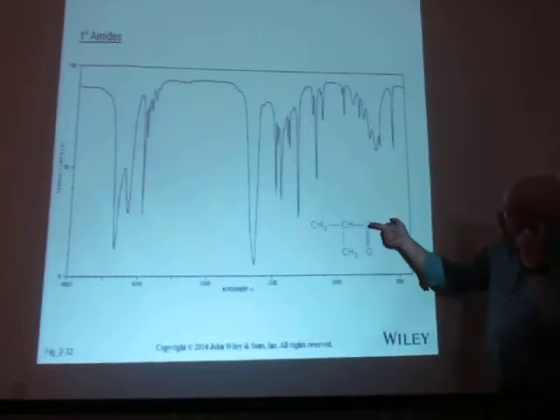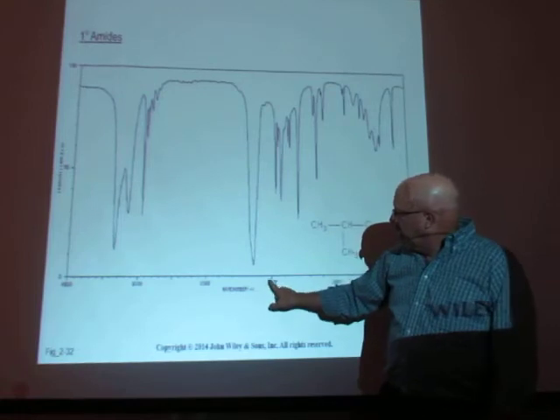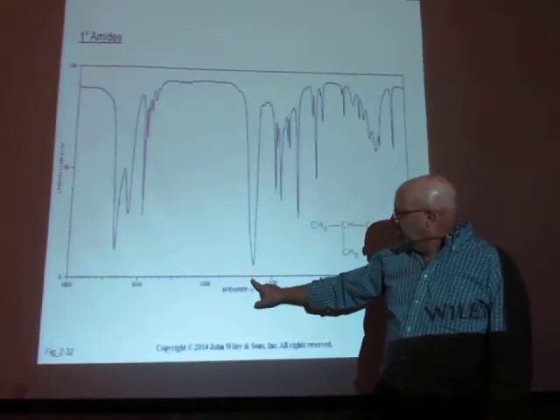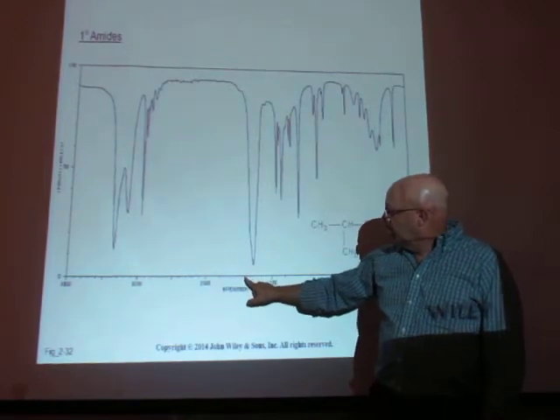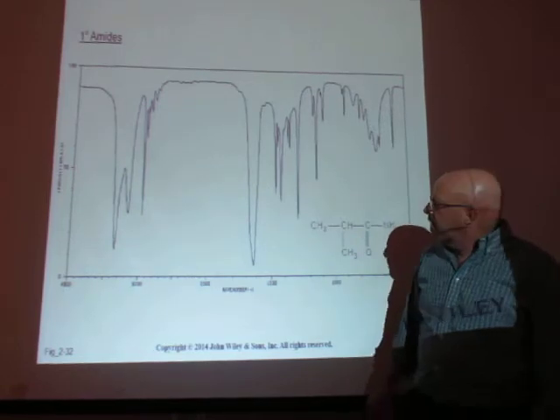First one I have is a primary amide. So we do have the carbonyl, the C double bond O. That's this one here at about 1640 or 50 right there.